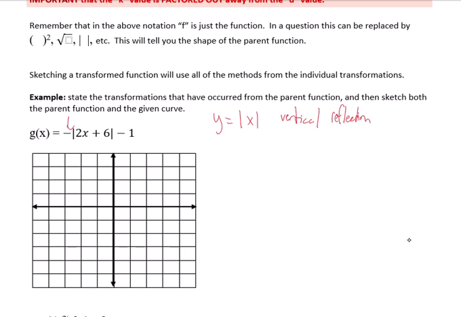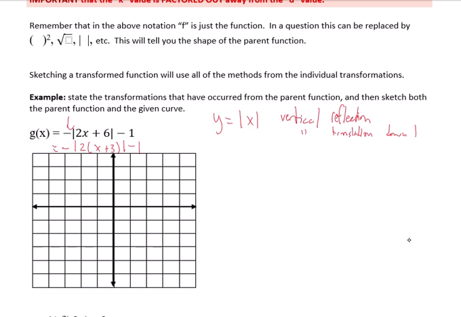I have a vertical translation down 1. And then I have this bracket here. Remember, I do not want a coefficient of x. I need to factor it out. So this becomes, instead, negative absolute value of 2 times (x plus 3). I'm factoring that 2 out of 2x plus 3. And then that's the equation I'm using.